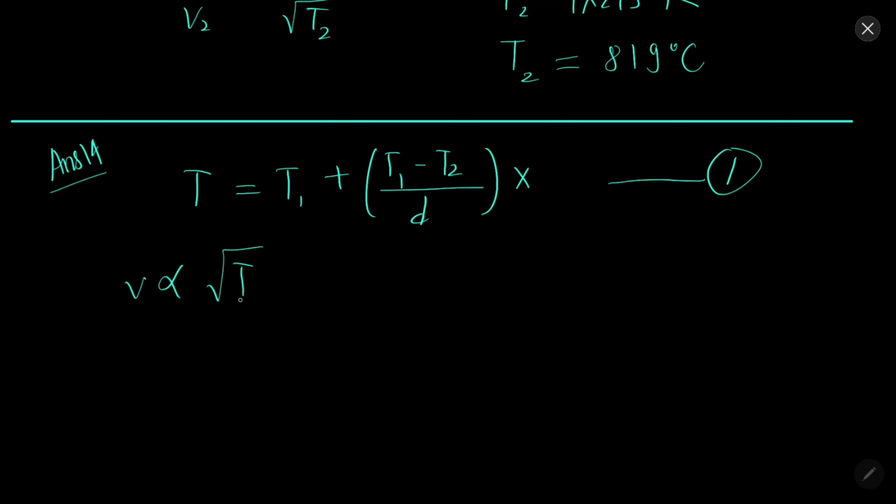Now V is proportional to root of T. So Vt over V will be root of T over 273.